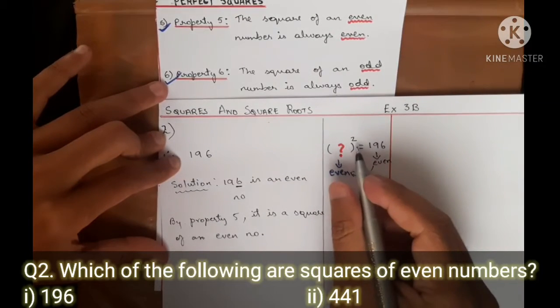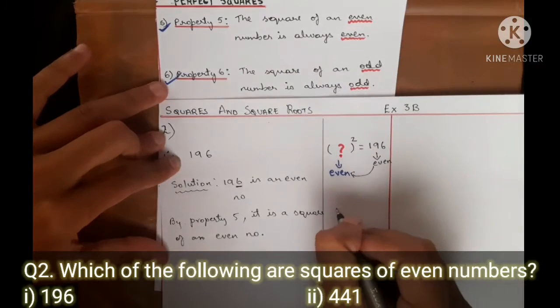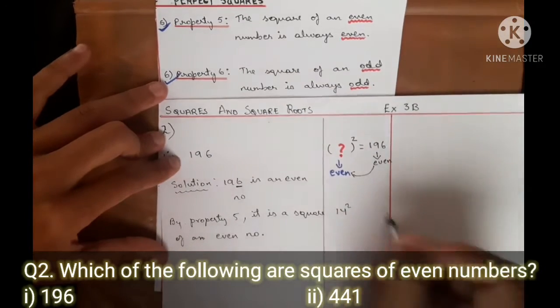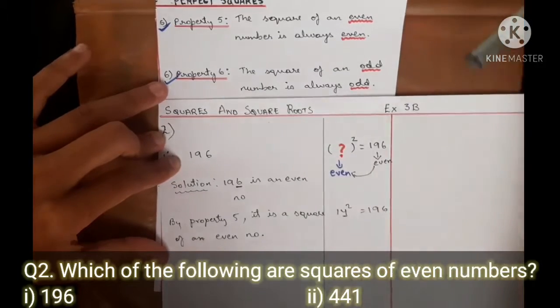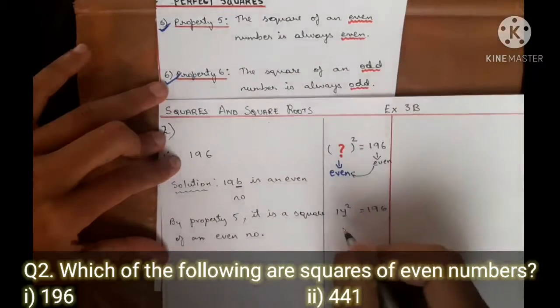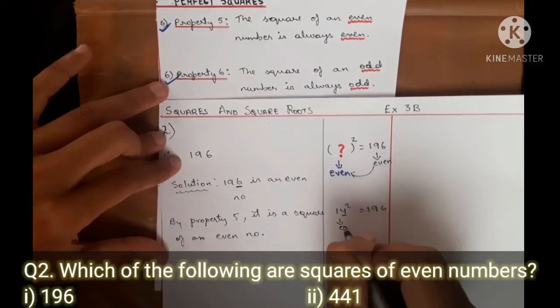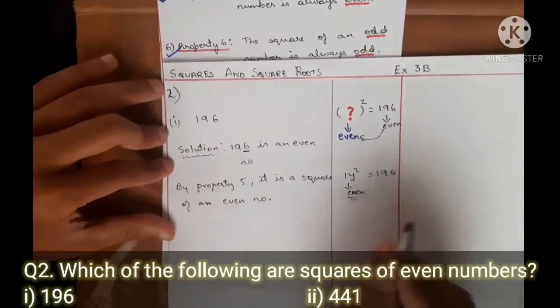What is the number such that when we square it we get 196? It is 14, isn't it? 14 square equals 196, and 14 ends in 4. So hence, 14 is an even number. Hence, this is proof.